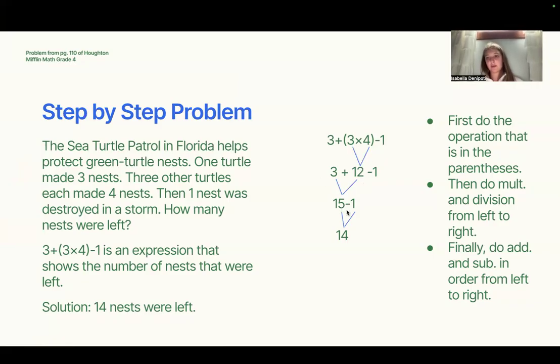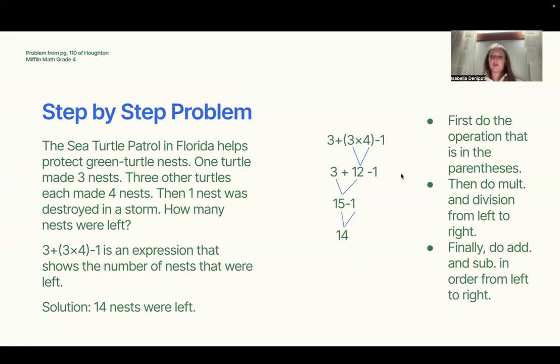You can see how it's brought down. So first you would do whatever operation is in the parentheses. So in this case, 3 times 4. So you do that first, and then you bring it all the way down. And then you go to the sides and bring down the other two numbers that are left. So 3 plus 12 minus 1 would be the new expression.